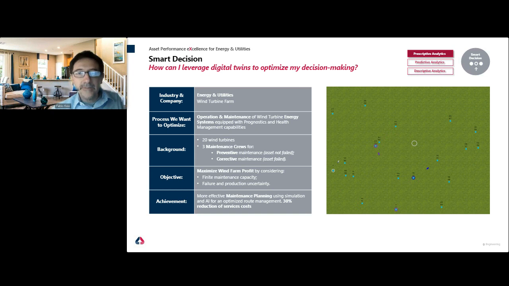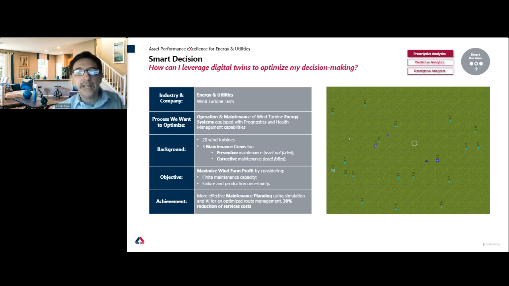So in this example, we really use a simulation. What you see here is a simulation model that simulates the maintenance crew, the wind turbines, and all the possible events that can happen. So we are using simulation in order to train an AI agent with the goal to optimize the path, optimize the strategy of my maintenance process.